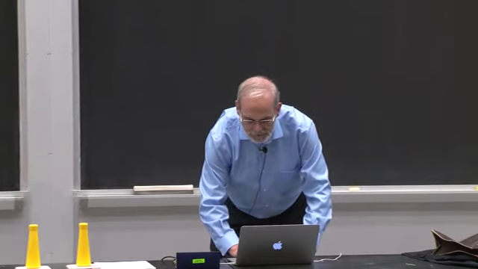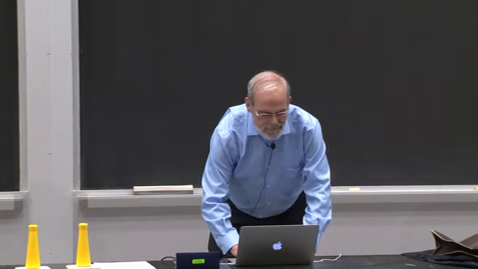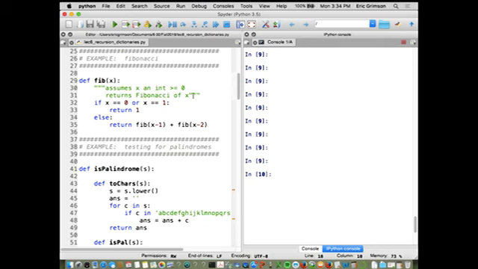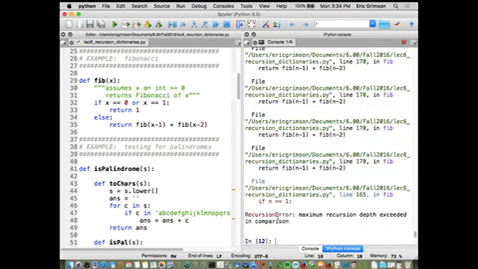If I can find my code, which is right there. So we can, for example, check it by saying fib of 0. I just hit a bug, which I don't see.